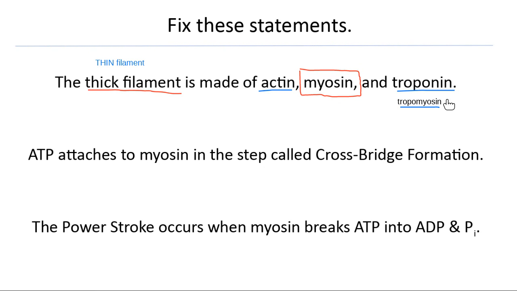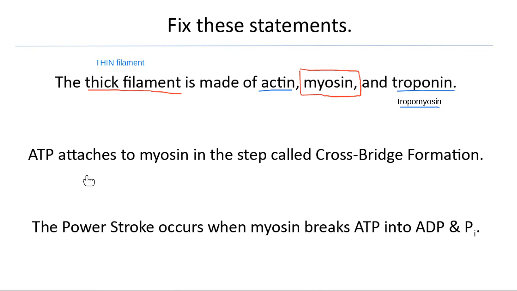And then remember, we've got these 2 regulatory proteins that are on top of it. So when we talk about the thin filament and the thick filament in the sarcomere, the thick filament is only made of the protein myosin. The thin filament is made of actin, troponin, and tropomyosin. So you could have fixed this statement in 2 ways. You could either tell me about the thick filament or the thin filament. Doesn't matter, either way.